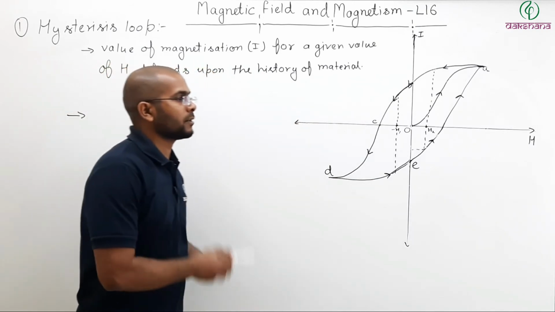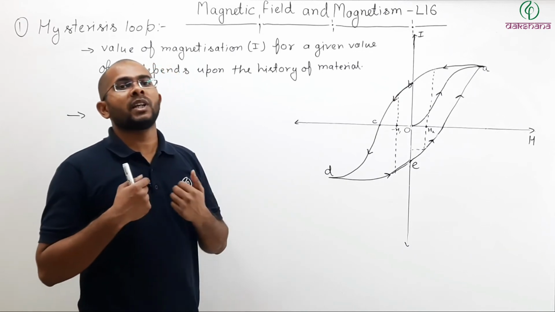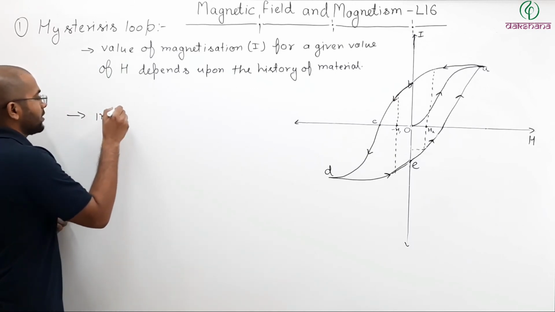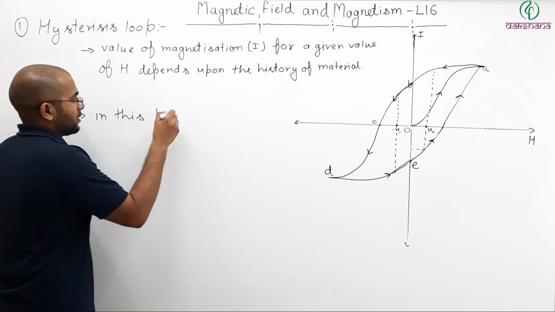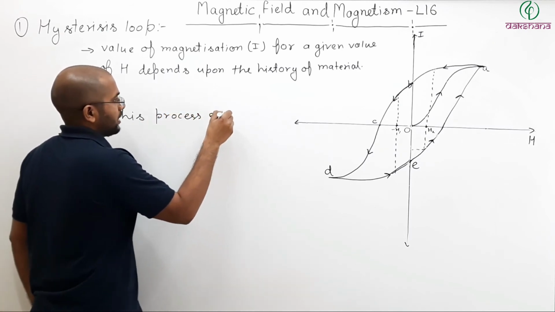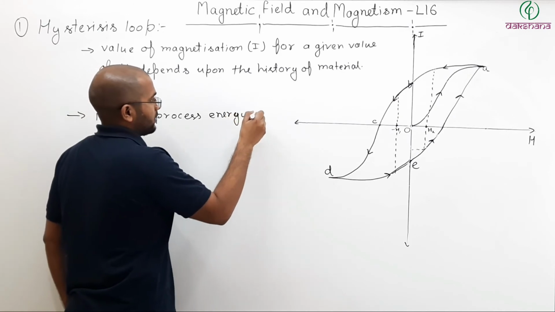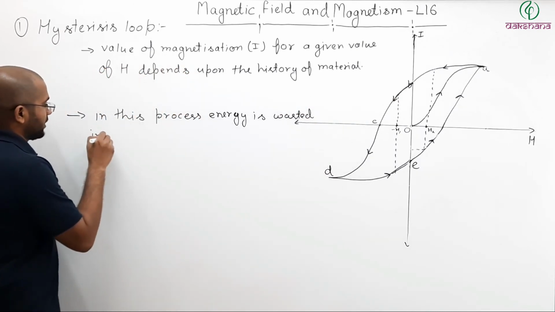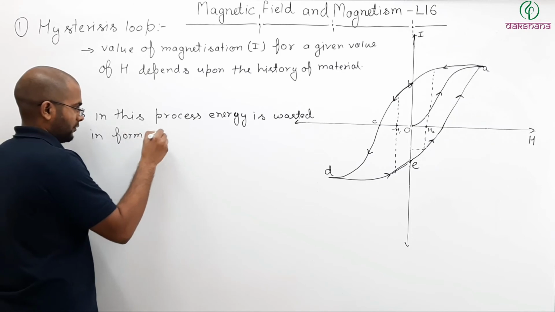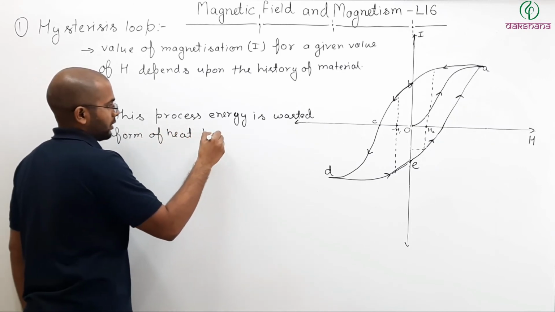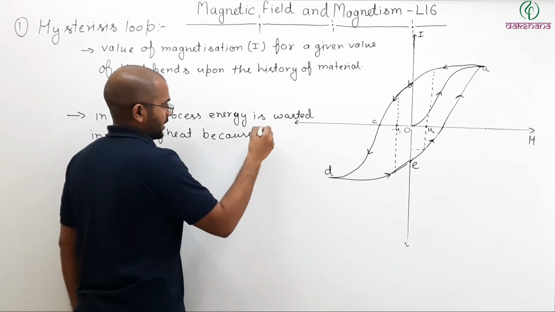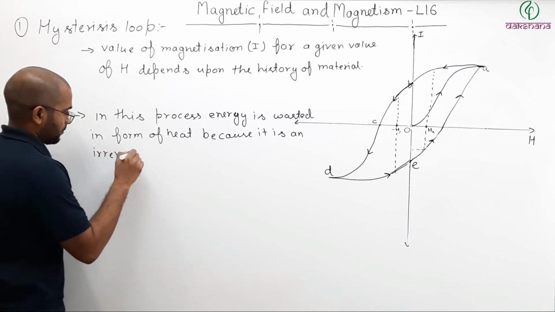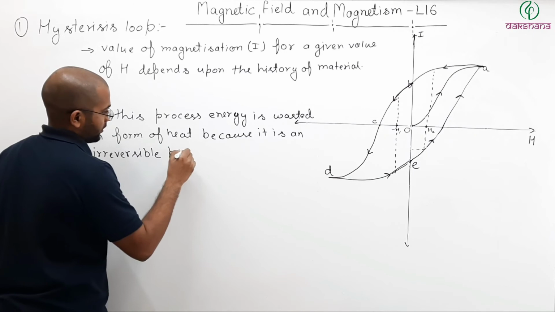And since your process is irreversible, some amount of energy will be lost in this process. So you can say that in this process energy is wasted in the form of heat, because it is an irreversible process.